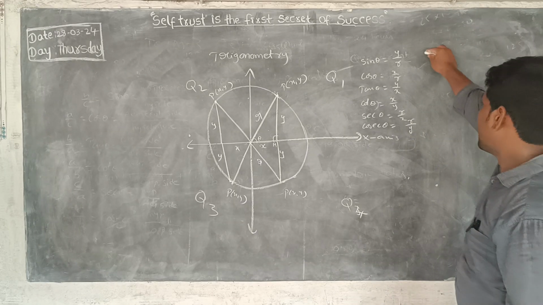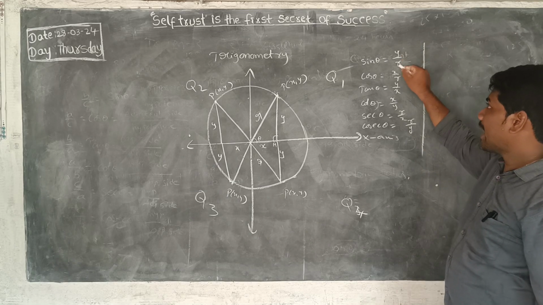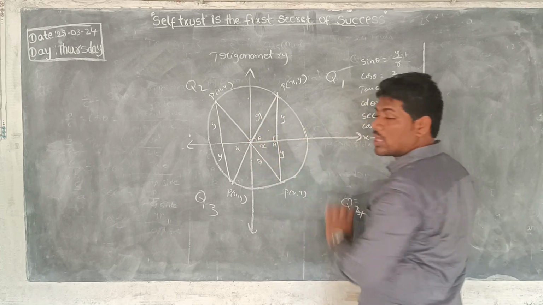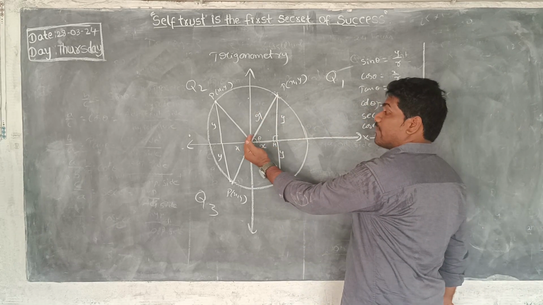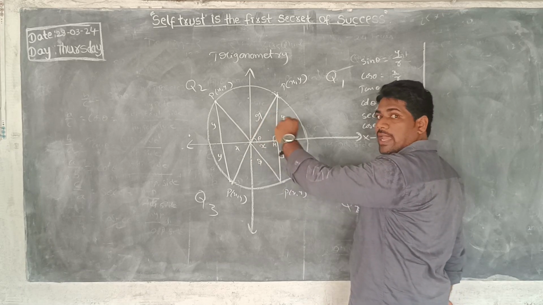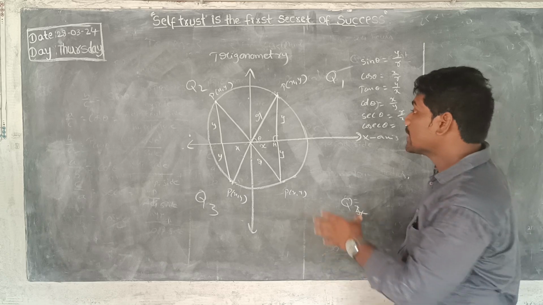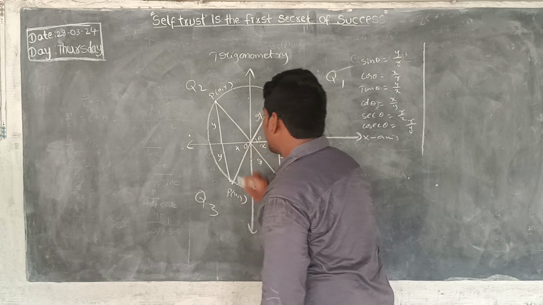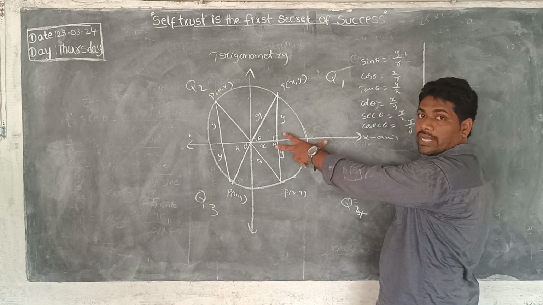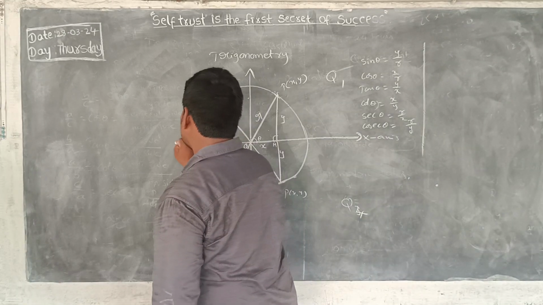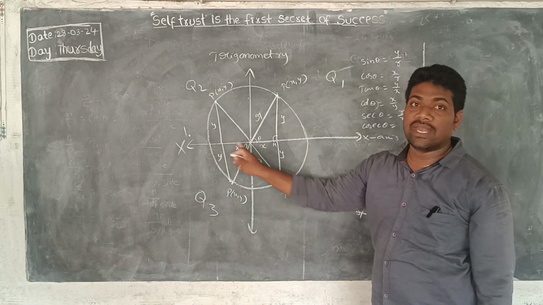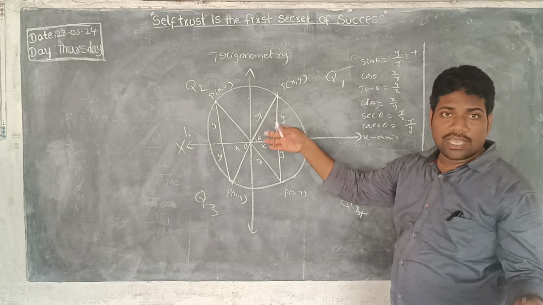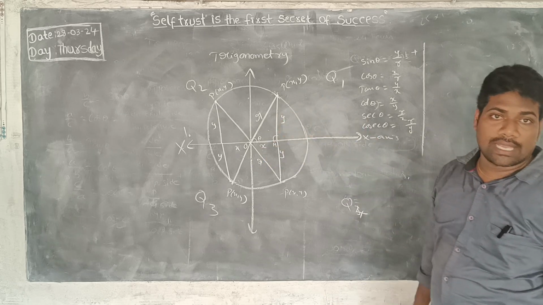Okay. So now, if we see this Y by R, in first quadrant, Y is positive and X is also positive, because in first quadrant, these all values are positive. How do we know these all are positive values? In X axis, OX, if we take this is the origin O, OX is positive coordinate, and OX dash, this is X dash, left side is negative. And OY is positive, that means Y is positive. R is always positive, because if R is not positive, we cannot draw a circle.